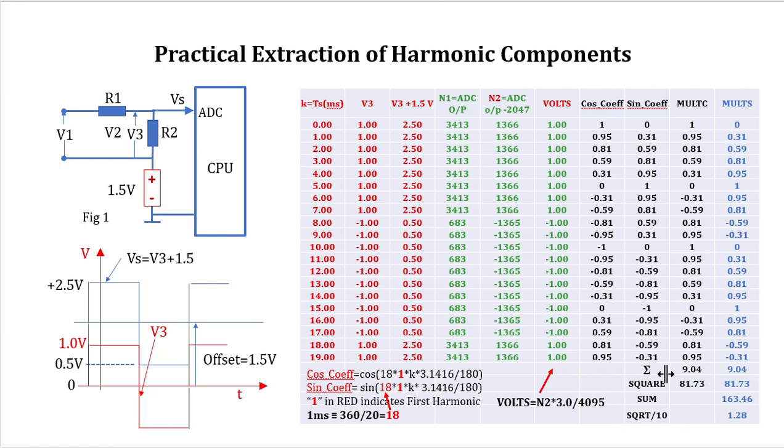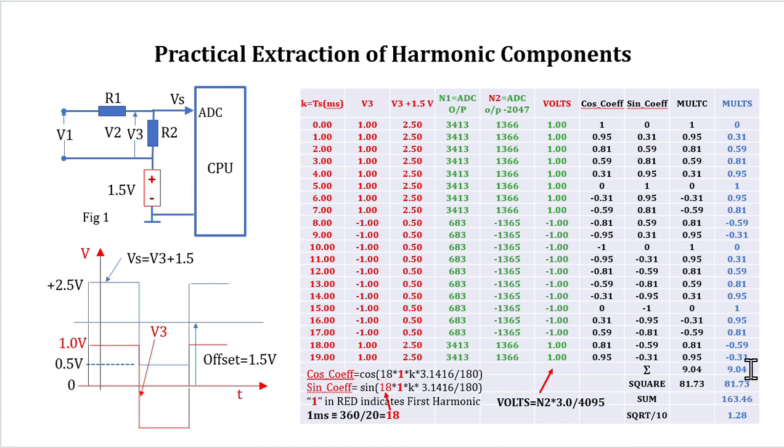Here you add up all these, sigma means you are adding, and the result of addition is 9.04. Similarly, you add all these 20 samples, and their sum is 9.04. This is sigma. Then you square this quantity 9.04, you get 81.73.